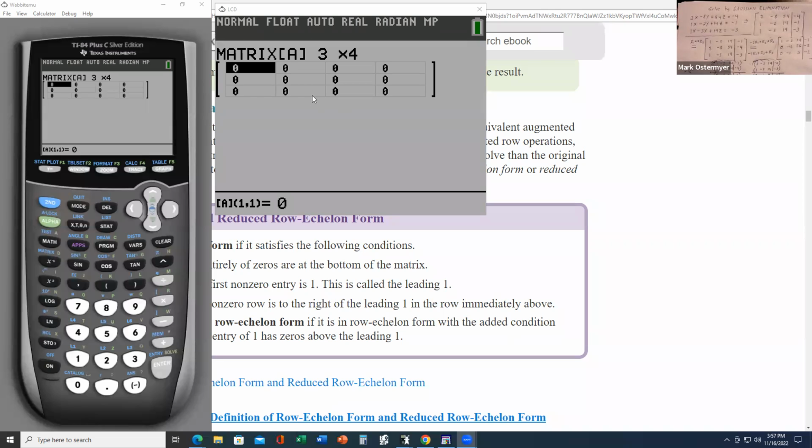Uh-oh, wait a minute here. What just happened here? Okay. 2, -8. Like I said, don't type this in too fast. You're going to make data entry errors, and once you do, your solution is toast.